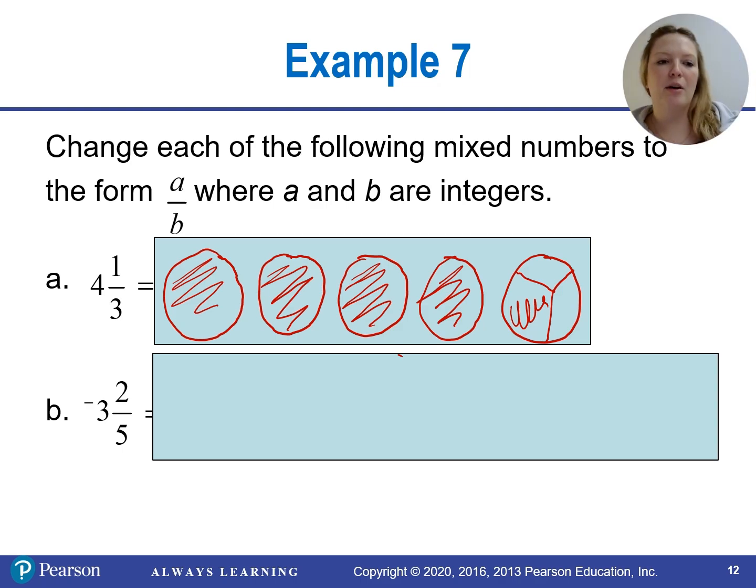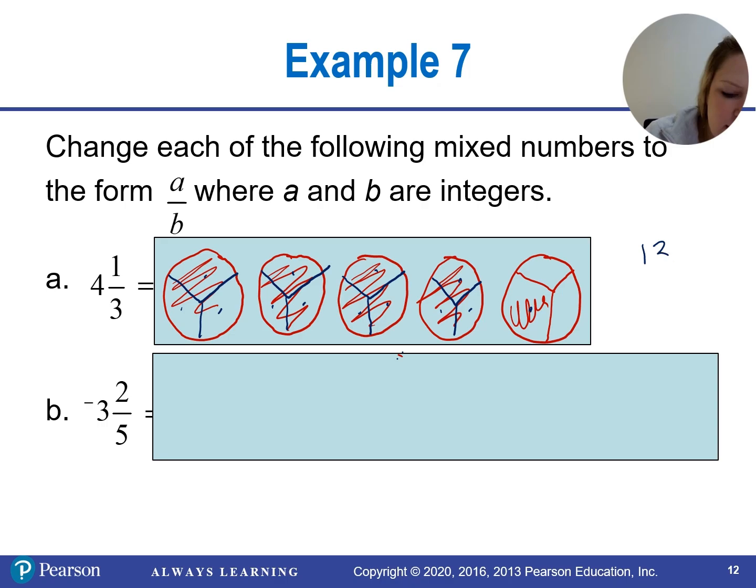So if I want to figure this out as an improper fraction instead of a mixed number, I need to know how many thirds 4 is worth. So I can split each of my wholes also into thirds. And now I can see I have 1, 2, 3, 4, 5, 6, 7, 8, 9, 10, 11, 12, 13 thirds.